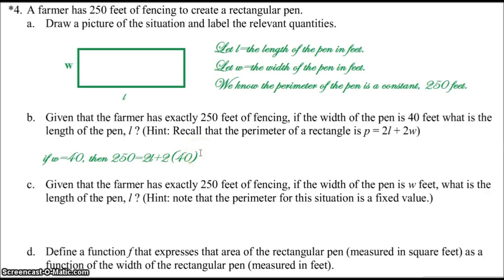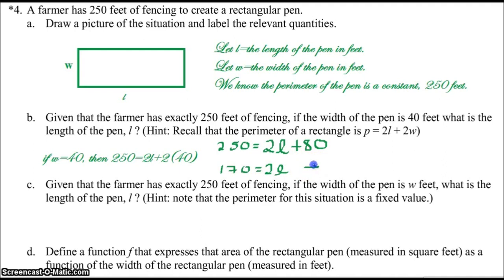And then we can solve this equation for L. Okay, let's give that a try. 250 equals 2L plus 2 times 40, and I know that 2 times 40 is 80. Now I could subtract 80 from both sides of this equation, and I'll get 170 equals 2 times L. Next, L is multiplied by 2.